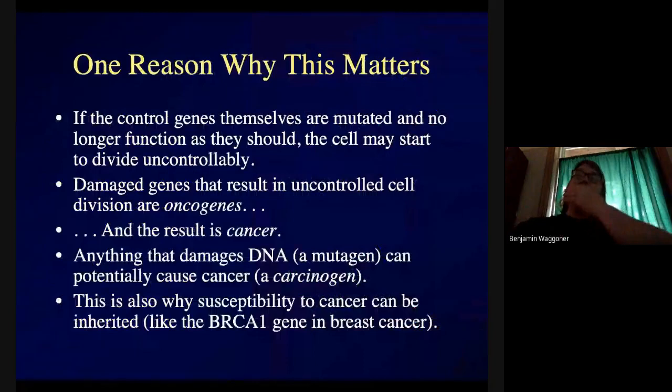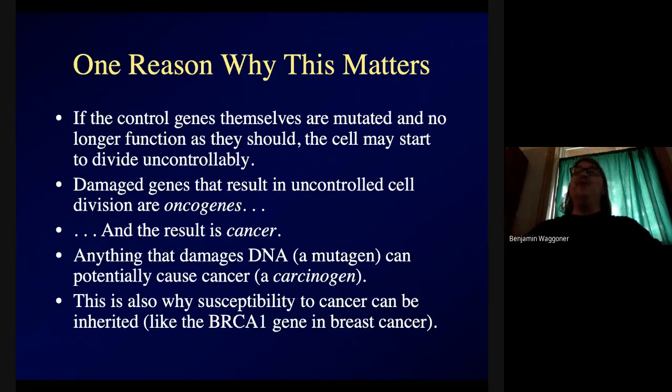Here's the thing. If the control genes, those accelerators and brakes, are mutated and they don't work as they should, the cell may start dividing uncontrollably. So just like a car with a stuck accelerator and no brakes will just start speeding down the hill, a cell with damaged control genes, called oncogenes, by the way, will start dividing and dividing and dividing and not be able to stop.